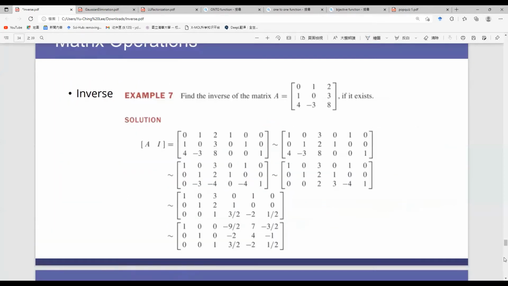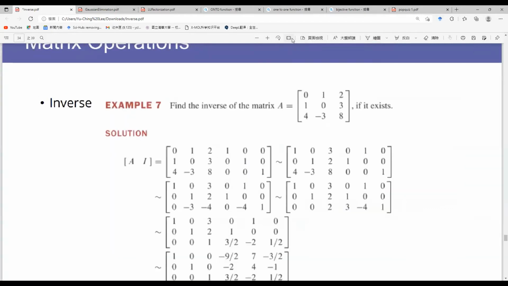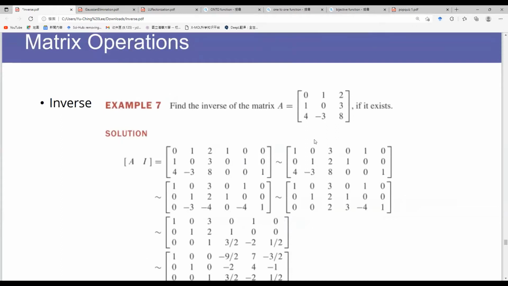And okay, so this is an example of doing this algorithm. We are given a 3x3 matrix. For a 3x3 matrix, we do not have a formula like the 2x2 matrix, so we use the algorithm.